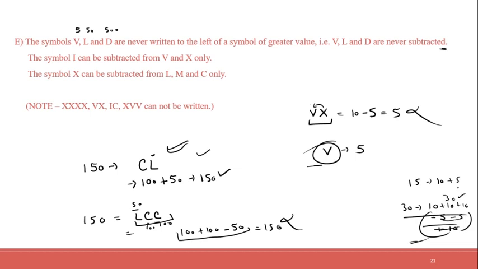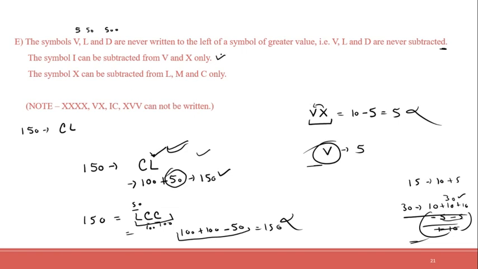So this 30 will remain 30 only. That means we are just calculating unnecessary things. So the right way to write it is this. That's why it is written here. We cannot subtract 5, 50 and 500 because we have separate values for them. We have L for 50, we have D for 500, right?